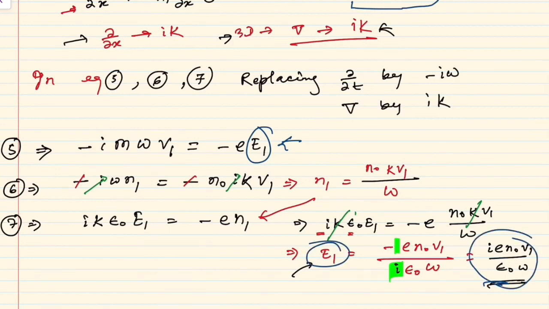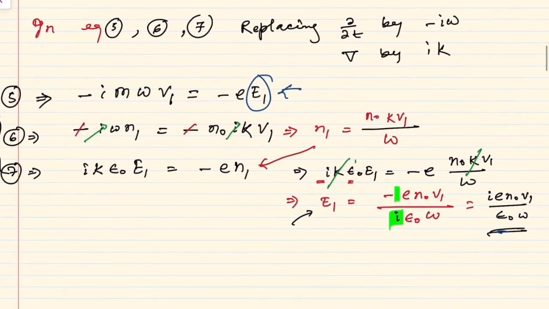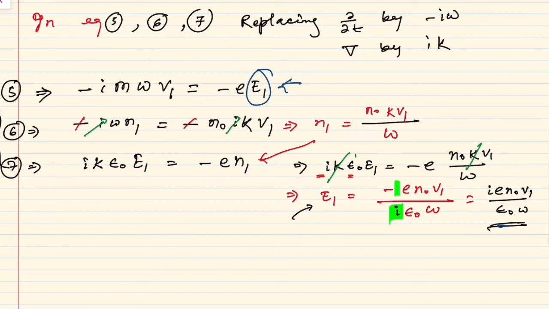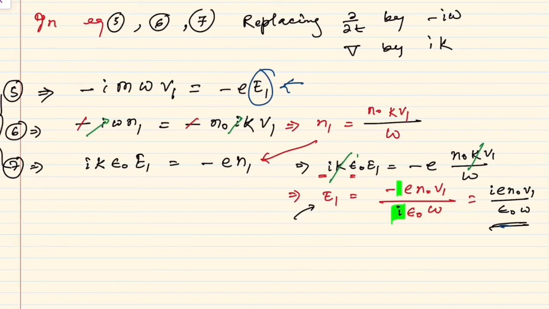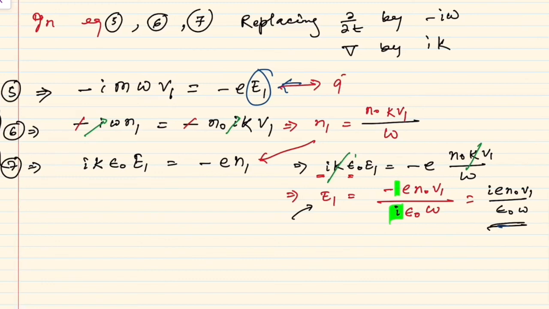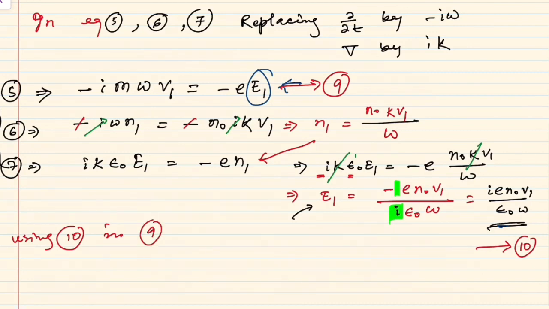Doing so means we are solving these three equations, nothing else. Let me give it equation number 9, and this is equation number 10. Now using 10 in 9, what will happen?